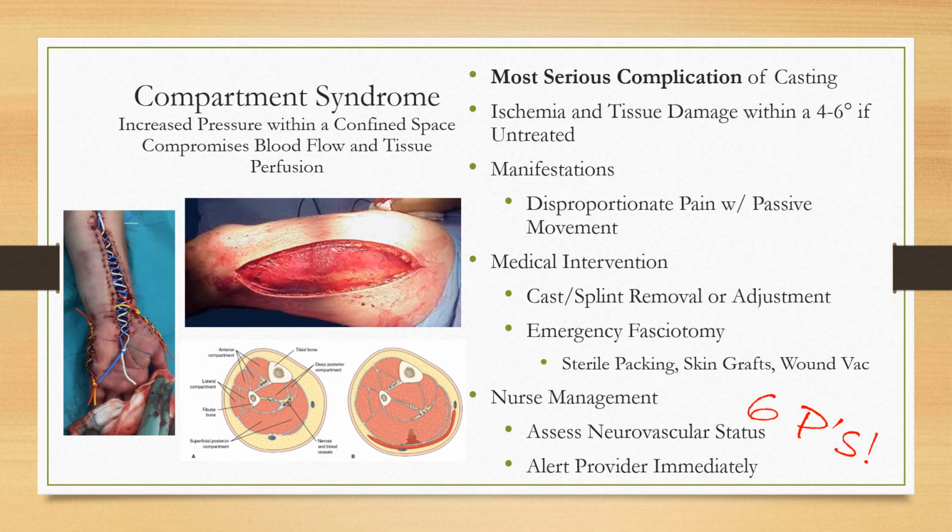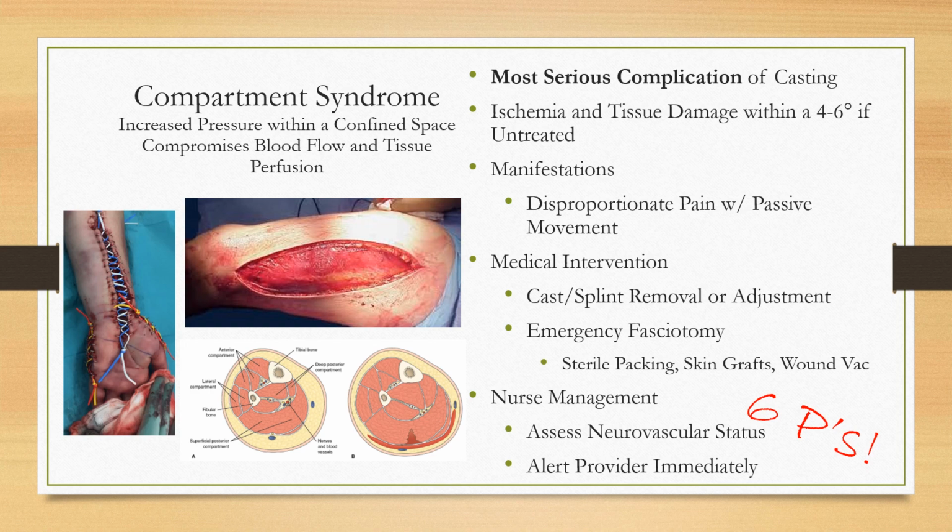Okay, so let's talk about compartment syndrome. I've already mentioned it on other slides, but basically it's increased pressure that's occurred within the compartment. And if you look at the lower image there, those are cross sections of different muscle groups, whether they're in the leg or the arm. And notice how the muscle groups are separated by these fascial linings. And they're in separate compartments.